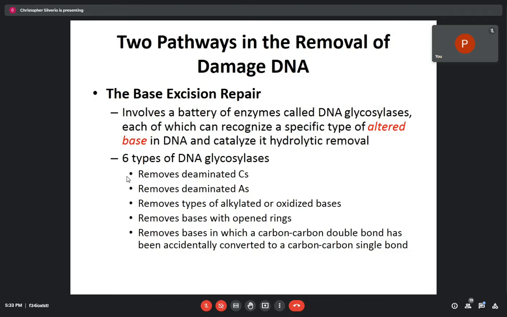And this could be removed by the enzyme known as DNA glycosylases, which remove the deaminated cytosines, remove the deaminated adenine, remove types of alkylated or oxidized bases, remove bases with open rings, remove bases in which a carbon-carbon double bond has been accidentally converted to a carbon-carbon single bond.